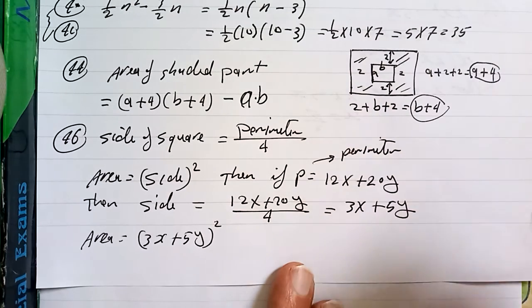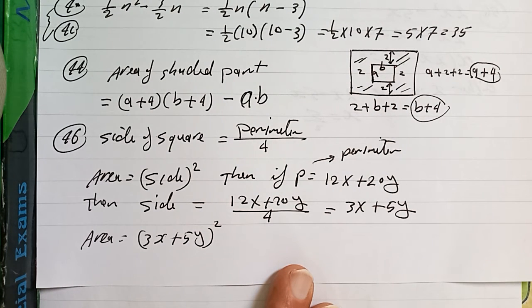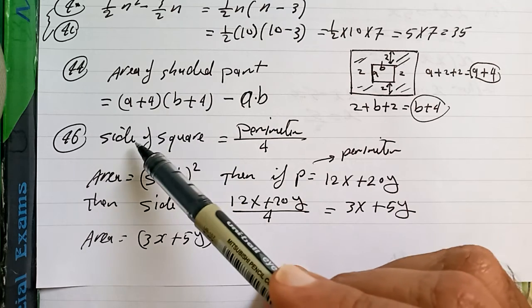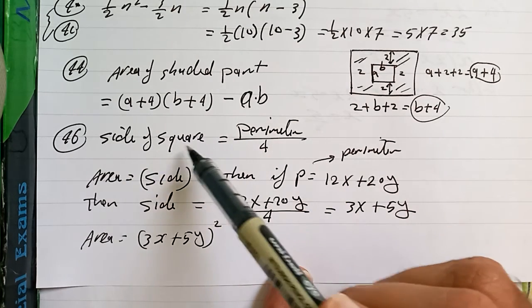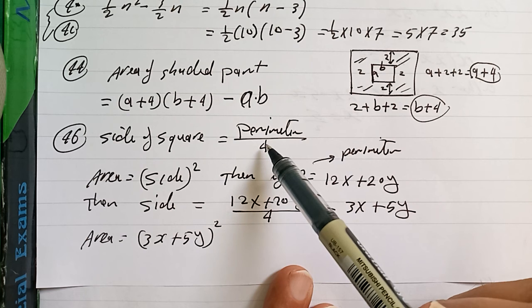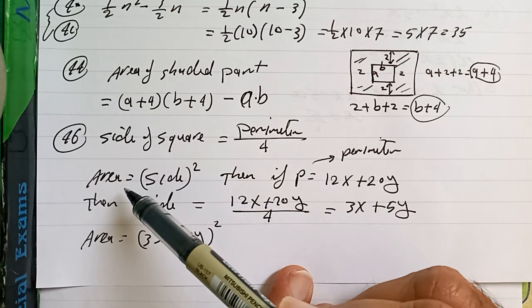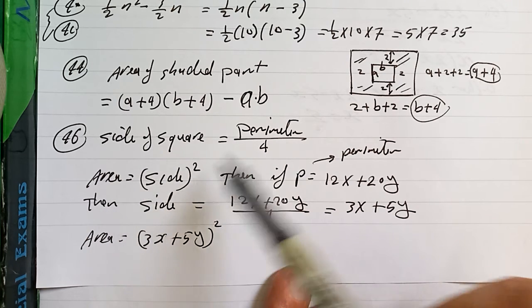In number 46, you have the perimeter of a certain square and you want to get the area. Of course, if you have the perimeter and want to get the area, first get the side. The side is the perimeter divided by 4. And then the area is the side squared, multiplied by itself.